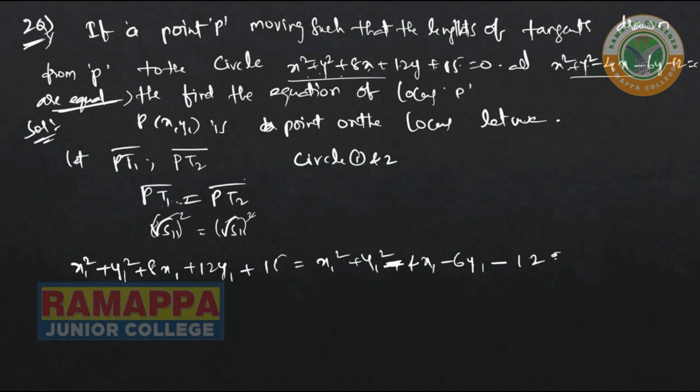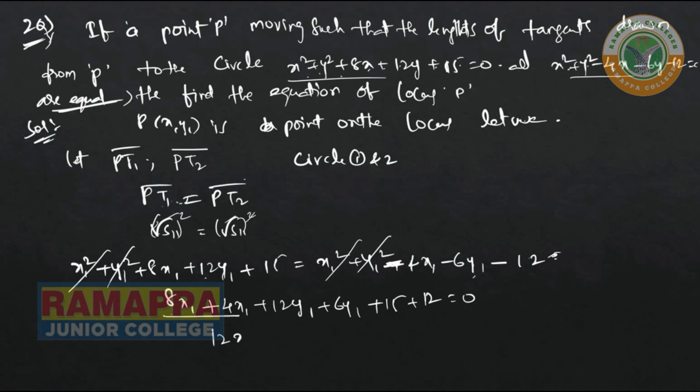The x1 square and y1 square will get cancelled from both sides, and it will become 12x1 plus 18y1 plus 27 is equal to 0.